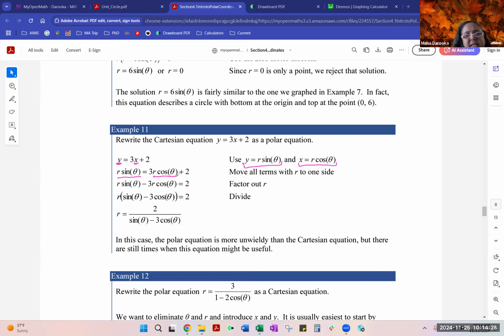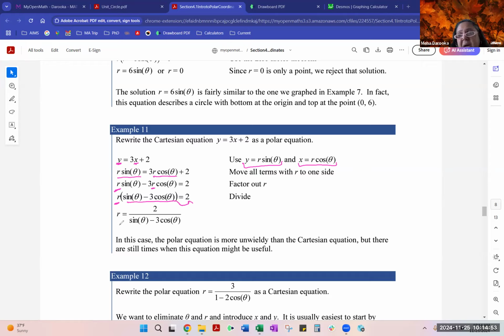You will see the 3 and the plus 2 stay where they are, and just the x value changes to r times cosine theta. Same thing, since both of these terms have an r in it, we bring the 3r cosine theta to the left, factor out your r value, and you will see r comes out on the outside, and then we are left with sine theta minus 3 times cosine theta, which we will go ahead and divide on the other side so that we can get r by itself on the left.